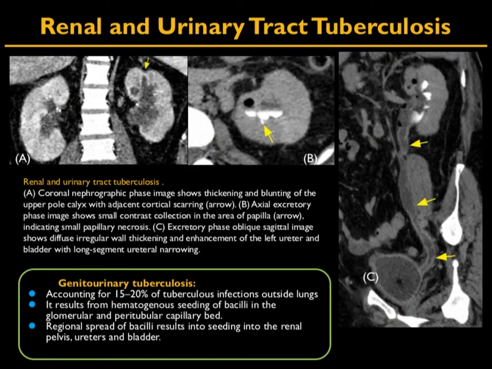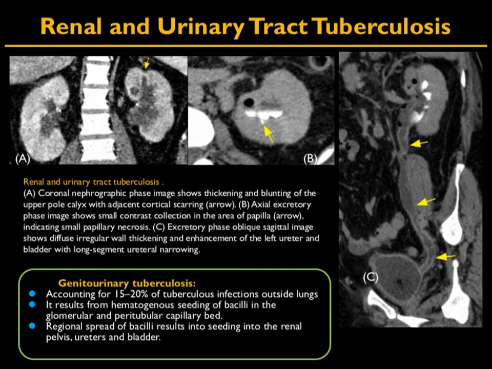We talk about other things that can involve the calyces. Tuberculosis is one of them. Classic thing, genitourinary TB accounts for about 20% of tuberculous infections outside the lungs. It results from hematogenous seeding of bacilli in the glomerular and peritubular capillary bed.